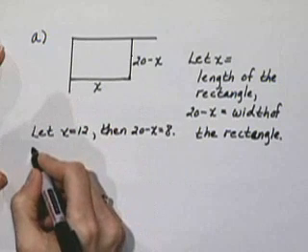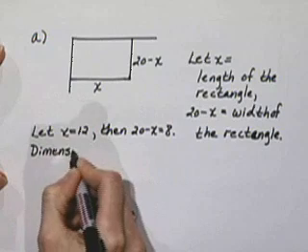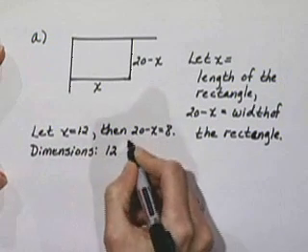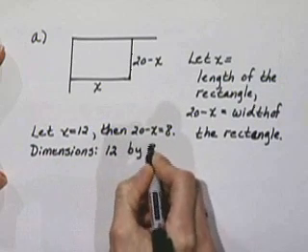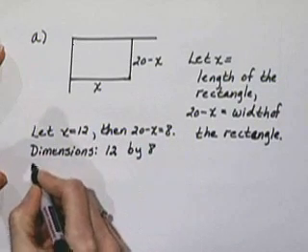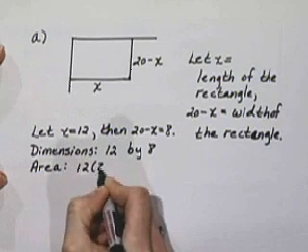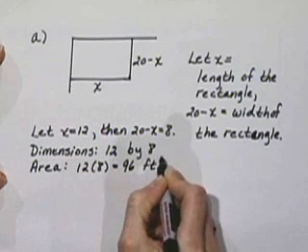The dimensions of the rectangle would be 12 by 8. So the area would be 12 times 8, or 96 square feet.